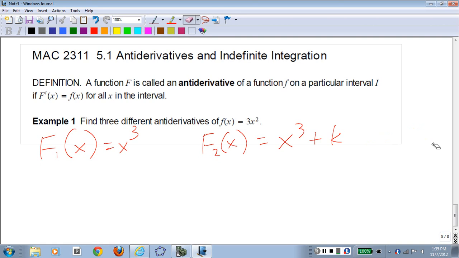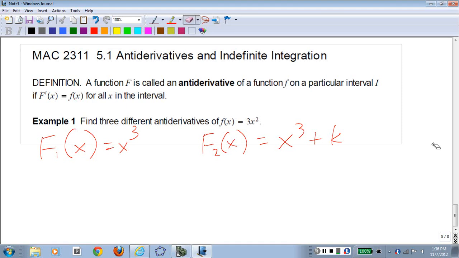X cubed plus k, pick a constant. So x cubed plus 5, x cubed plus 13, x cubed minus pi. Any function that differs from x cubed by a constant is going to be an antiderivative for this function.